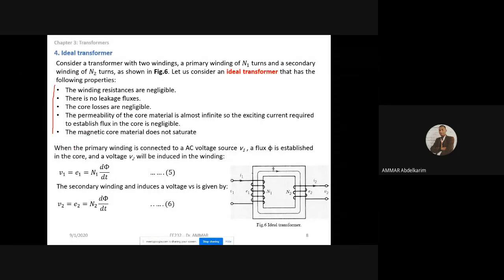When the primary winding is connected to the AC voltage source V1, a flux is established.